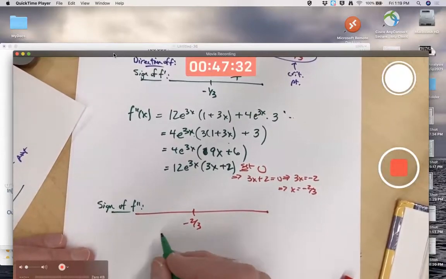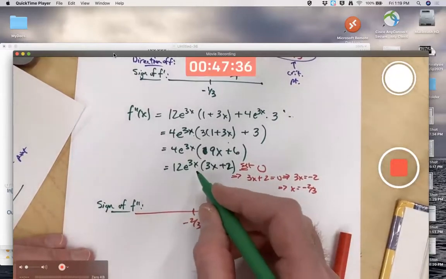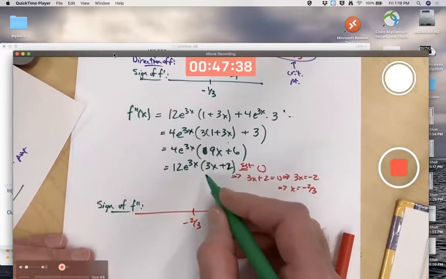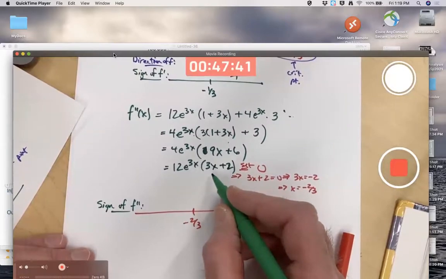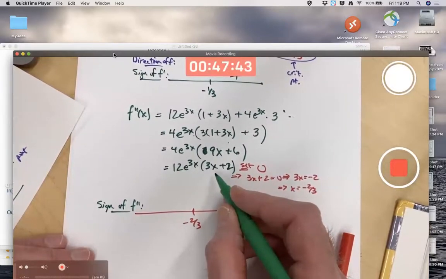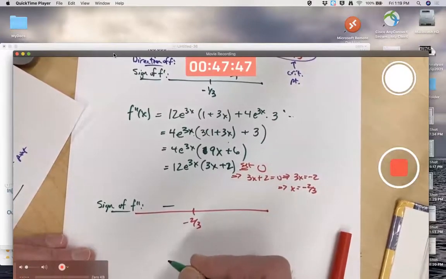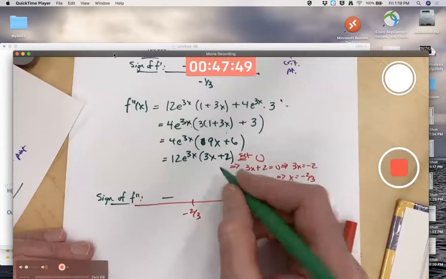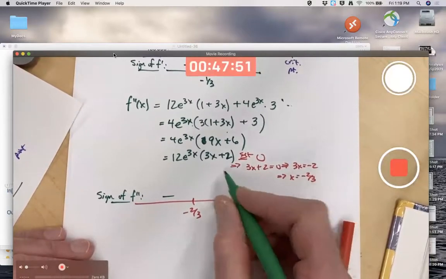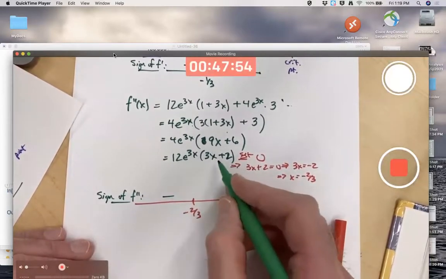If you plug in a number less than -2/3, like -1, positive, positive, negative, right? If you plug in x equals -1, you'll get -3 plus 2 is -1. Positive times negative is negative. Plug in a number bigger than -2/3 here, you'll get positive times positive times positive.